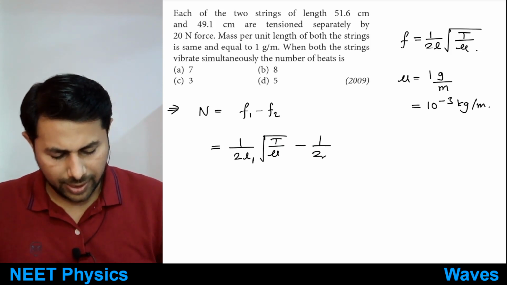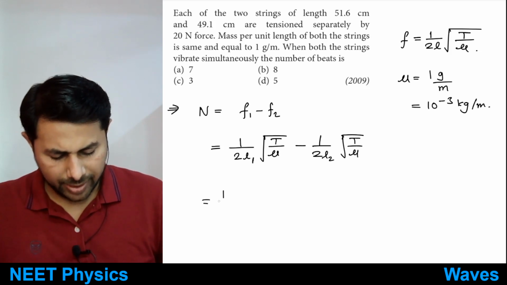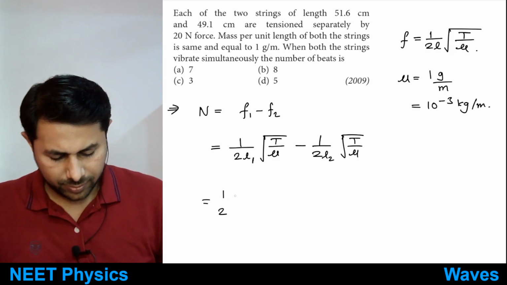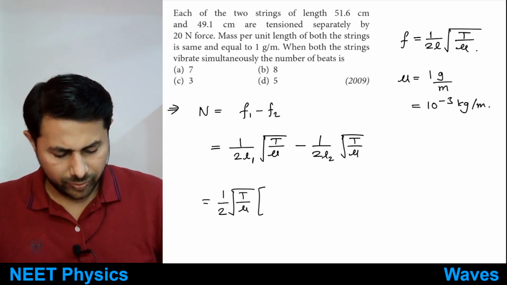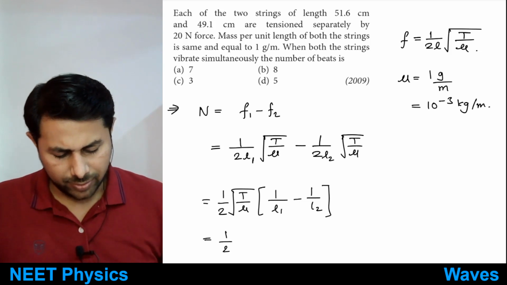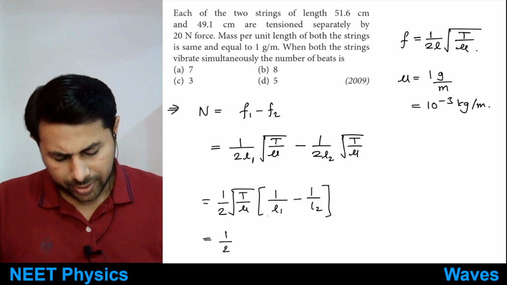Minus 1 upon 2 L2 times square root of T by mu. So let's take 1 by 2 times square root of T by mu common. Then you have 1 by L1 minus 1 by L2.